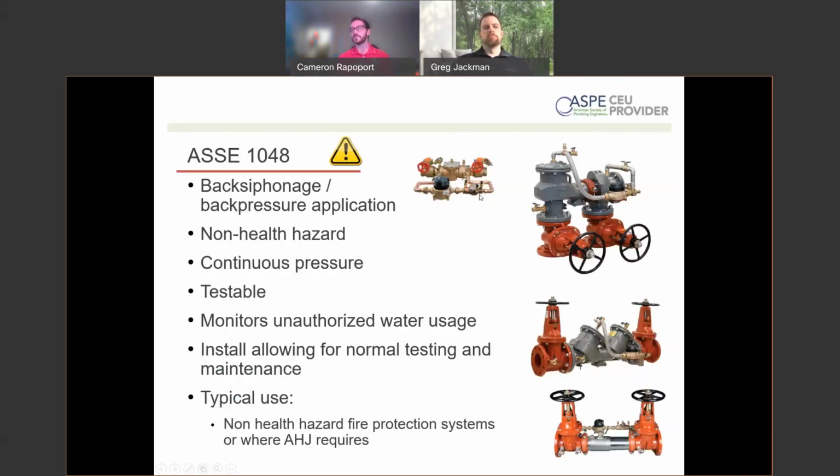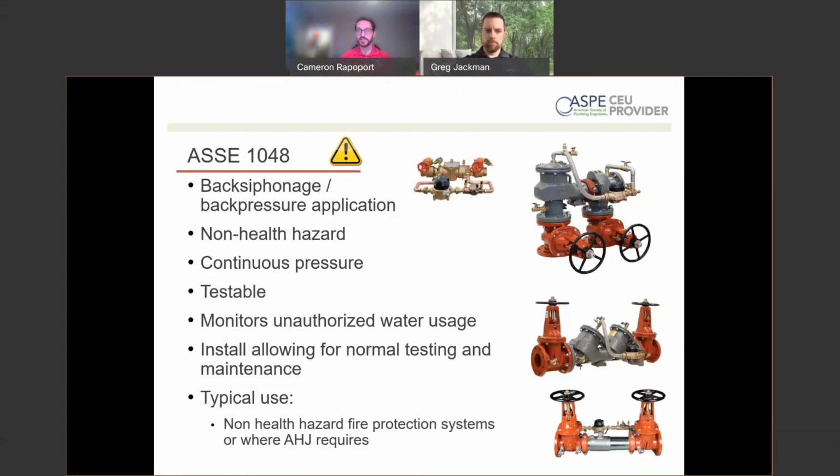It is very important that there's the same level of protection in the bypass. So if you're bypassing an entire double check, you need a double check in the bypass. If you're bypassing an RPZ, you need an RPZ in the bypass. If you're bypassing a single check, something like a type 2, which we'll talk about, you need a single check in the bypass.